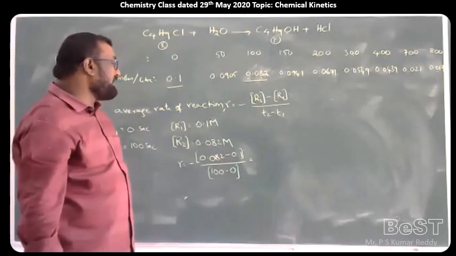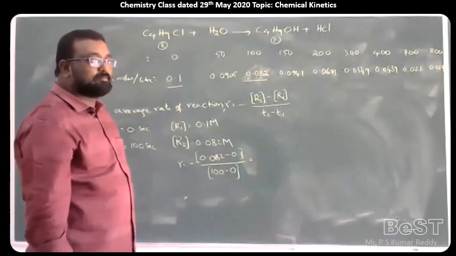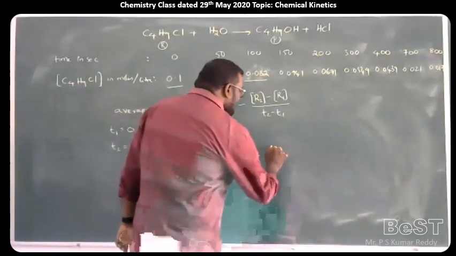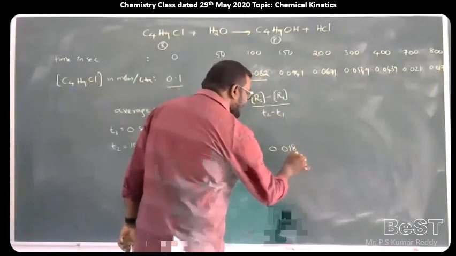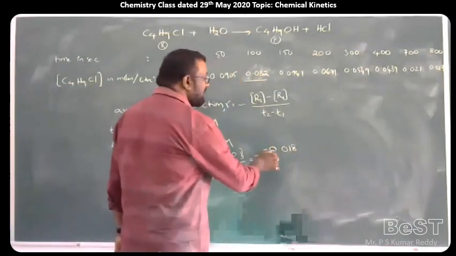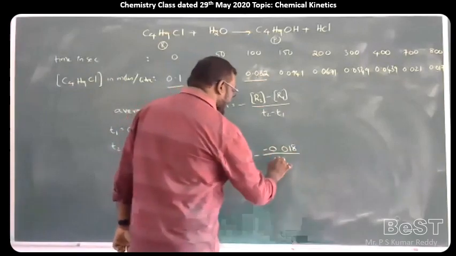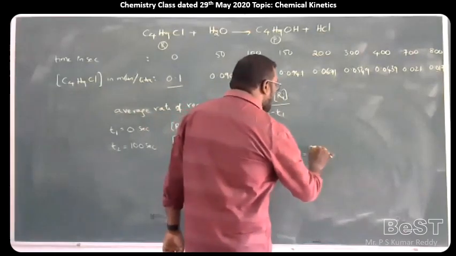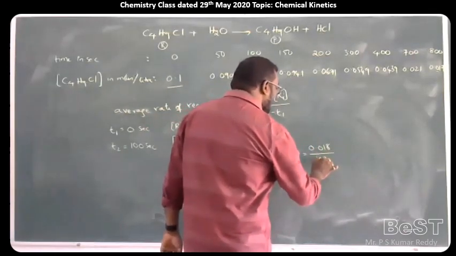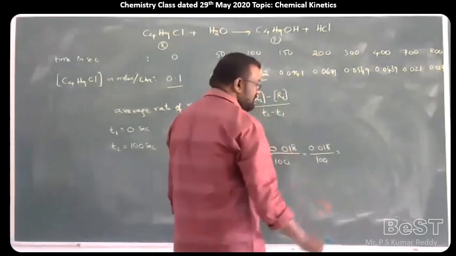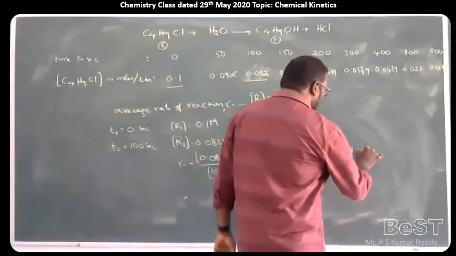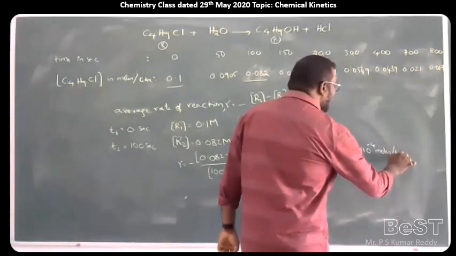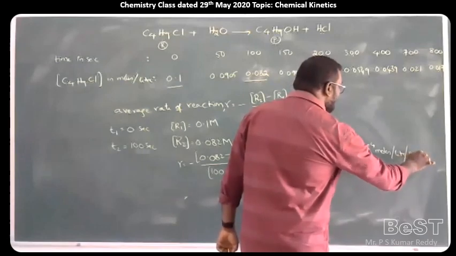It is minus 0.018. Minus 0.018 by 100, and minus minus becomes plus. So 0.018 by 100 is equal to 1.8 into 10 to the power of minus 4 moles per liter per second.